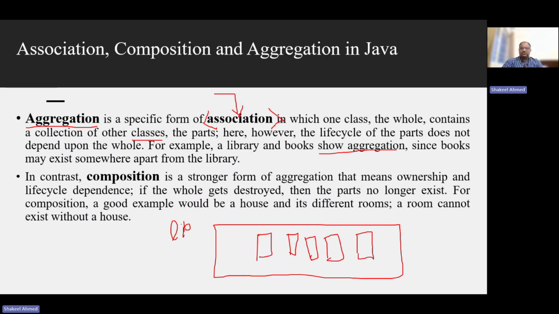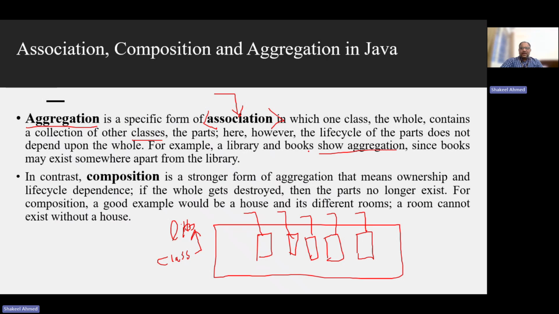A specific form of association in which one class, the whole, contains a collection of other classes. If I make a class as a library, I am declaring a class called library, and now we have books. This is one book, this is one book, this is one book, and this is one. So what do they have in a library? You have books. That is where we call it aggregation.